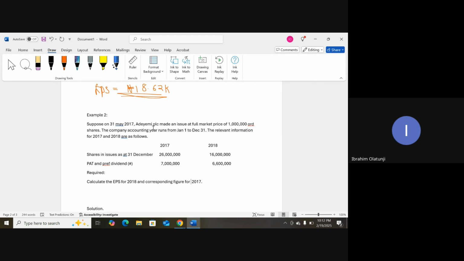You want to compute the values you see here, this 26, this 26, and this 16. The 2017 and 2018, I only just interchanged it. So the 2018 comes first. They calculate the EPS for 2018, and look at the number of shares you have as at 31st December. It is 16 million.